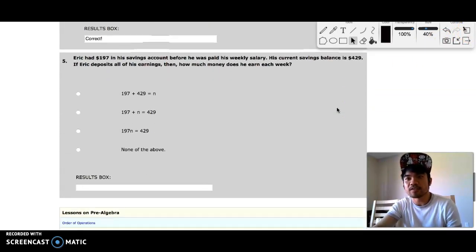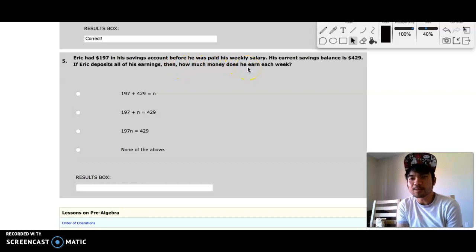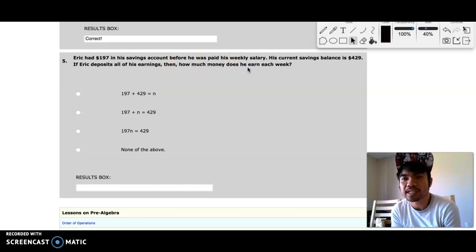Now, question 5. Eric has 197 in his savings account before he was paid his weekly salary. His current savings balance is 429. If Eric deposits all of his savings, then how much money does he earn each week? Okay, I spoke too soon. Eric had 197 in his savings account before he was paid his weekly salary.